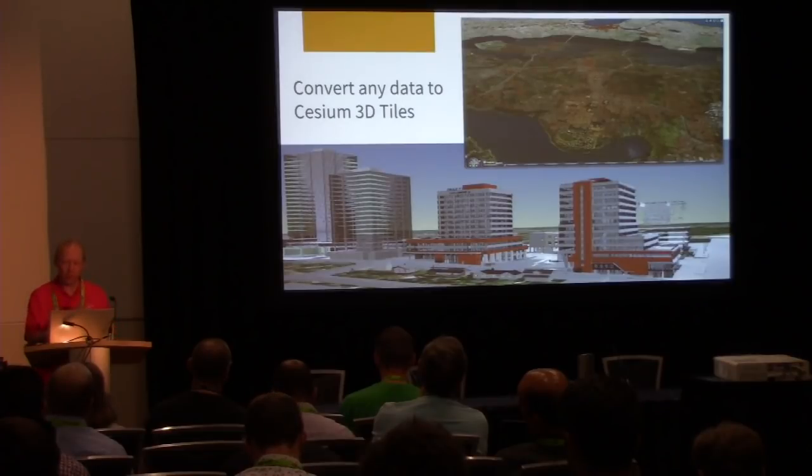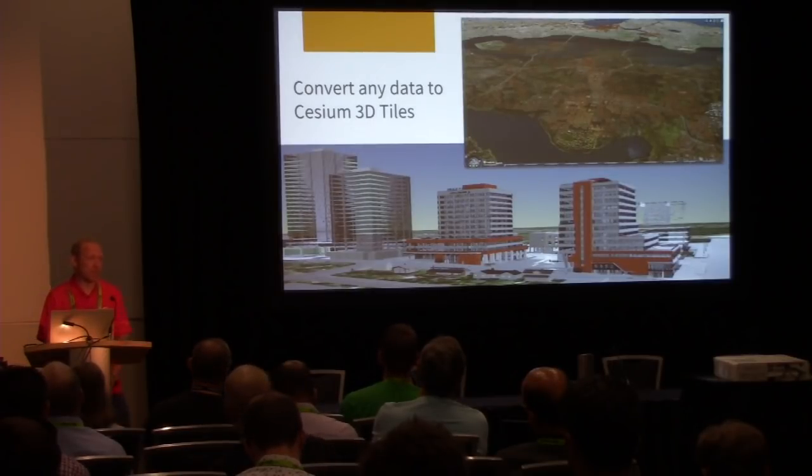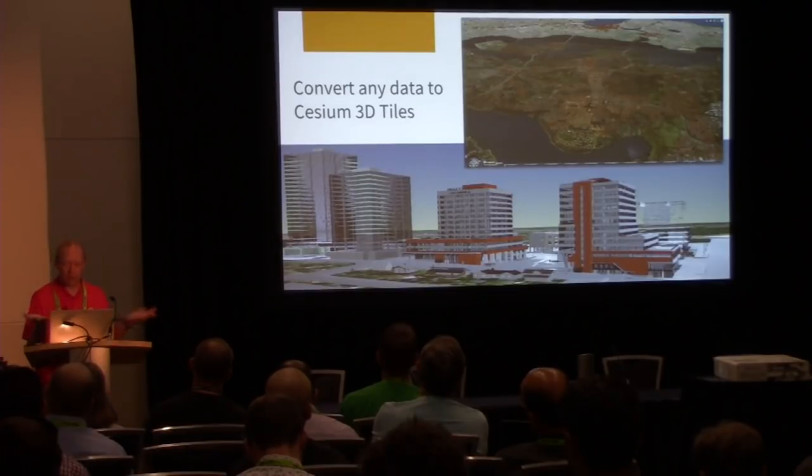So I downloaded a single data set for Washington State, and then I went to the Natural Resources website of Washington State and downloaded two raster data sets, DTM and DSM, digital terrain model and digital surface model. Combined, it was like 40 gigabytes of rasters and maybe 2.5 million buildings for Washington State.